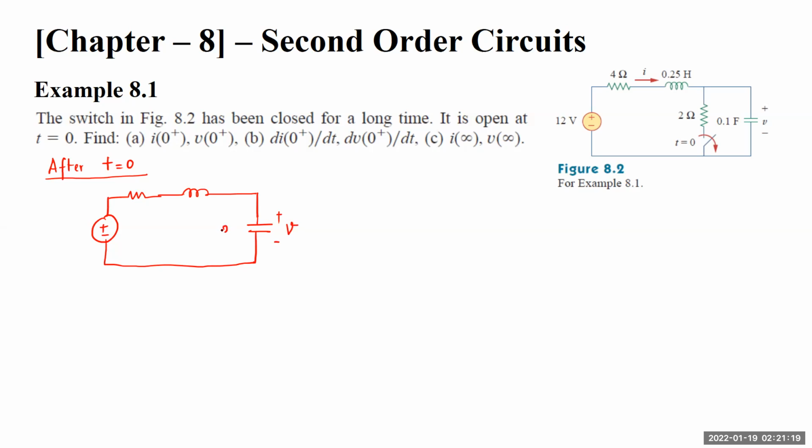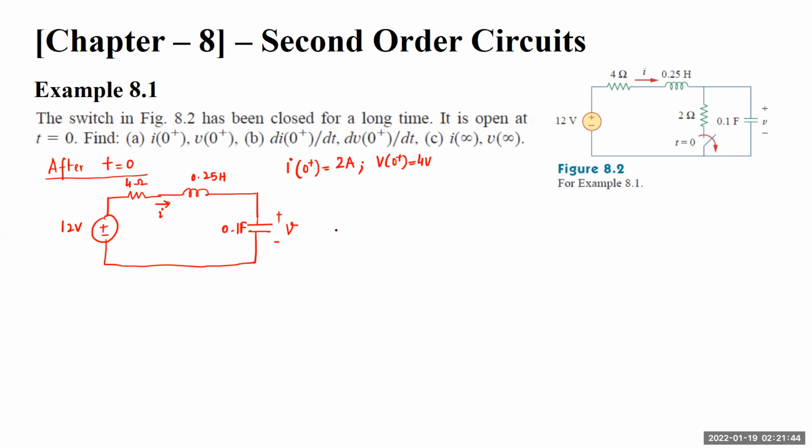This is my voltage. This is 0.1 farad. This is 0.25 Henry. This is 4 ohms. This is I. This is 12. Okay, so this is how the circuit looks. And remember, I(0+) is 2 amperes and V(0+) is 4 volts.